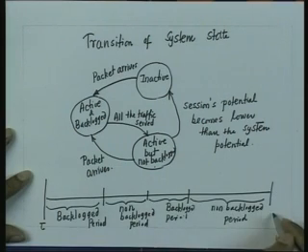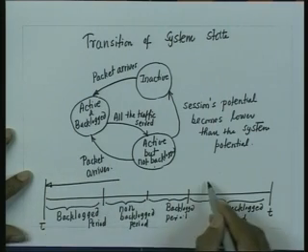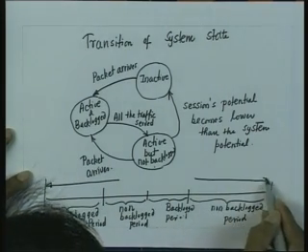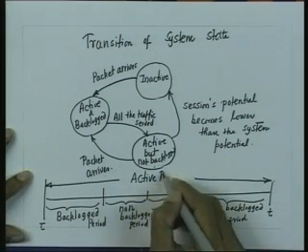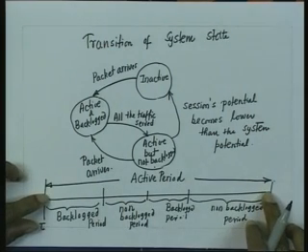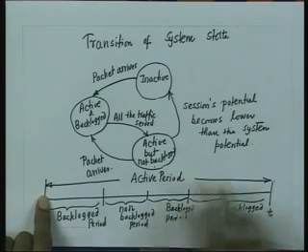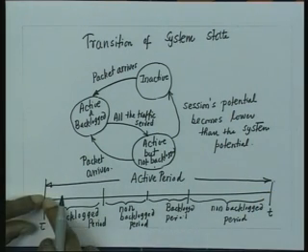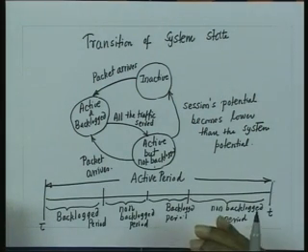And at this time its potential may become lower than the system potential, and then this is the total active period. During this active period, the session's potential was always greater than or equal to the system's potential. And here is the inactive period, afterwards, where the session's potential will always be lower than the system's potential.